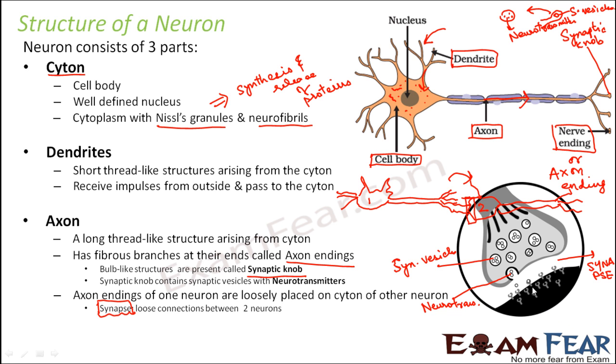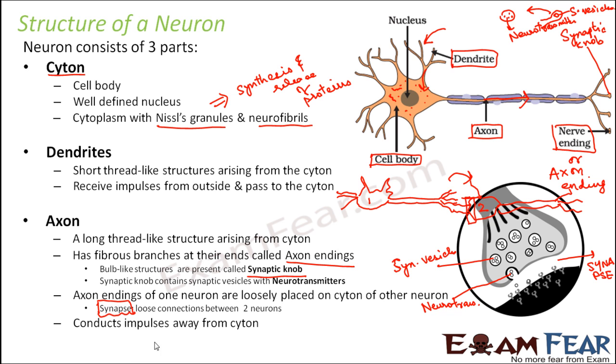In the next neuron, these receptors are present on the dendrites. So dendrites will take this information, and the information will be passed into the cell body. Again from the cell body it will be taken to the axon, it will reach the axon endings, it will reach across the synapse, it will reach the next neuron. So that is how the information gets carried forward from one neuron to another.